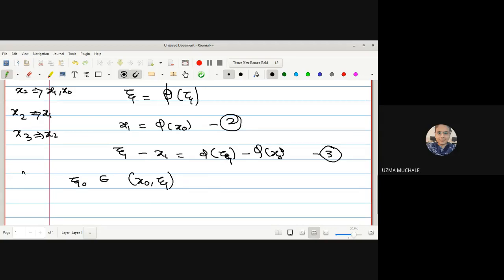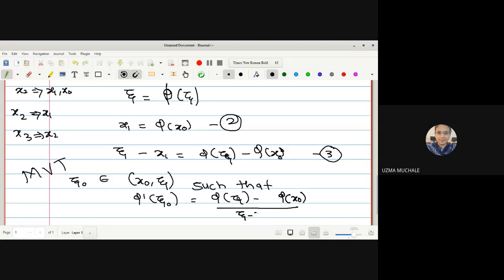Okay, thereby using the mean value theorem, we can say that there exists a number zeta naught such that phi dash of zeta naught is equal to phi of zeta minus phi of x naught divided by zeta minus x naught.